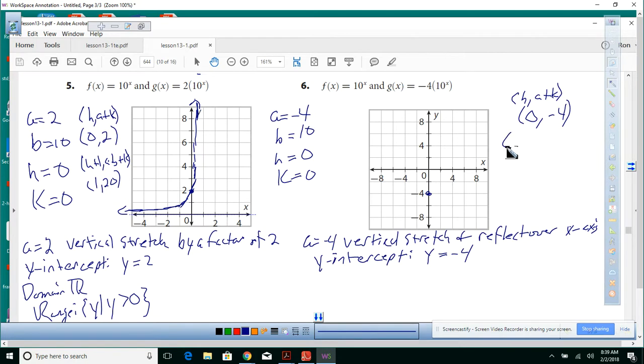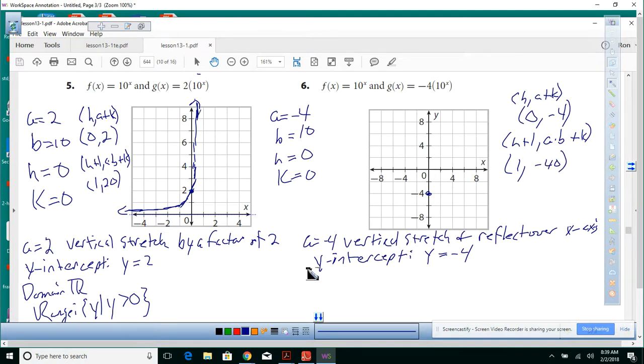Our next point is going to be H plus 1 and A times B plus K. So H plus 1, that's going to be 0 plus 1, that's 1. -4 times 10 is -40 plus 0 is -40.